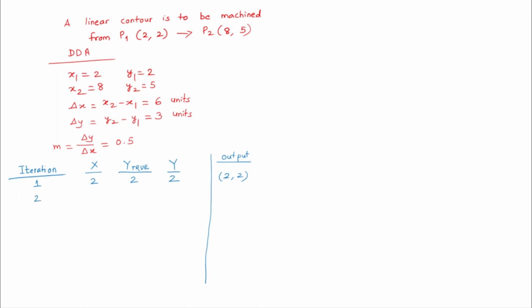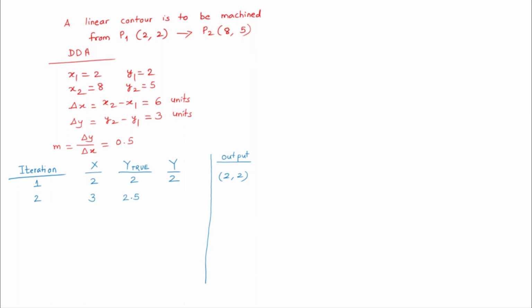In the second iteration, we have to increment the X by 1 unit. So we are incrementing the X by 1 unit, that is 3. Y true would be Y true plus M. Y true plus M is 2.5, and capital Y is integer value of Y true.